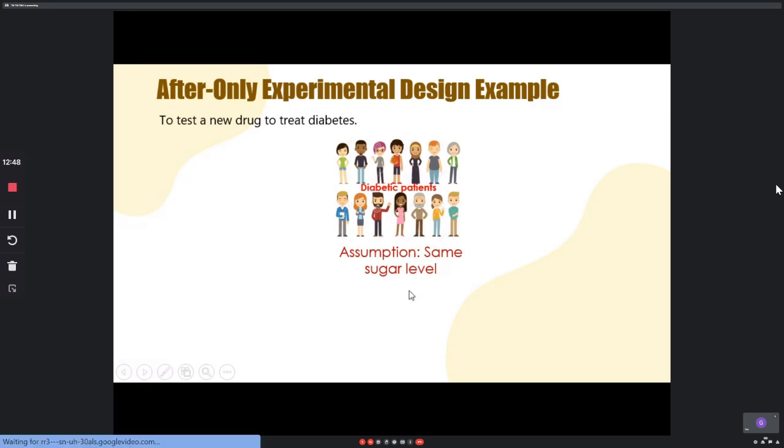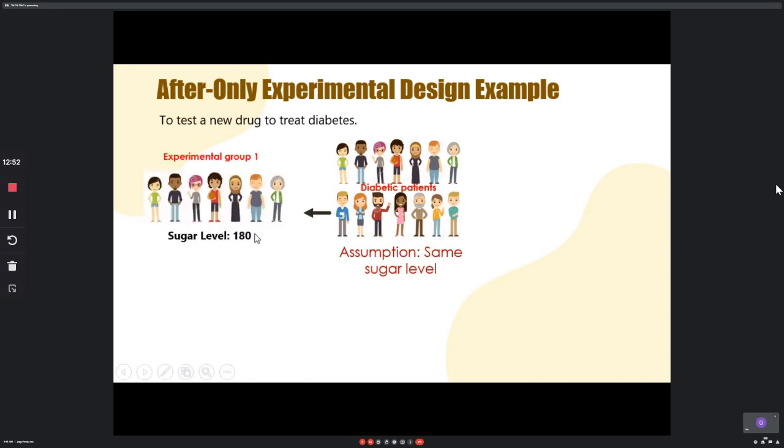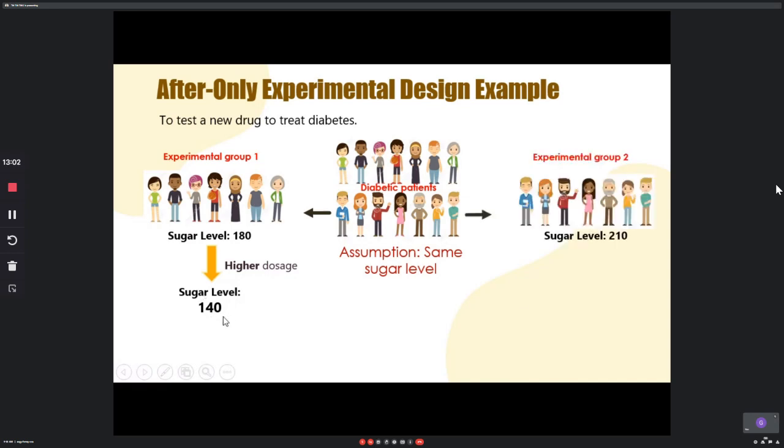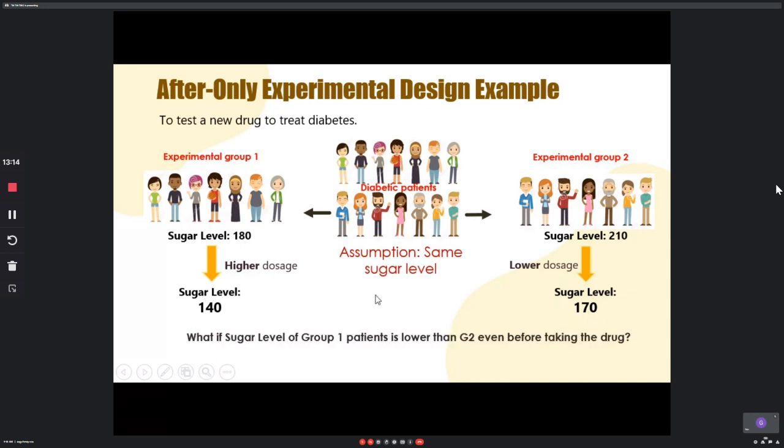We did not measure their sugar level, and then experimental group 1 has sugar level 180 when you give them the higher dosage, then the sugar level will be 140. And for sugar level 210, we assume all of them have 210, and when we give them the lower dosage, the sugar level is 170.